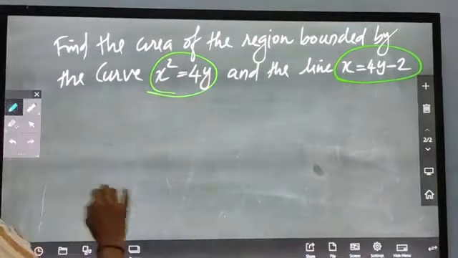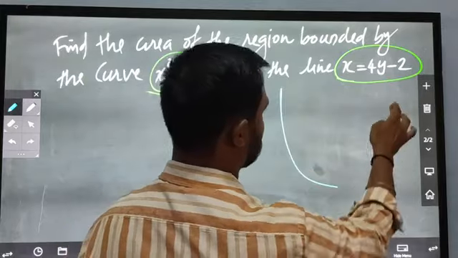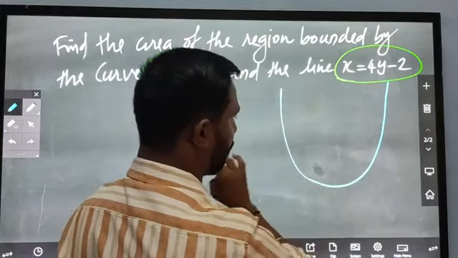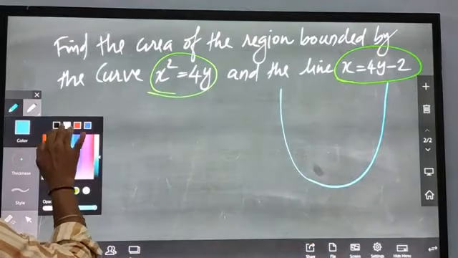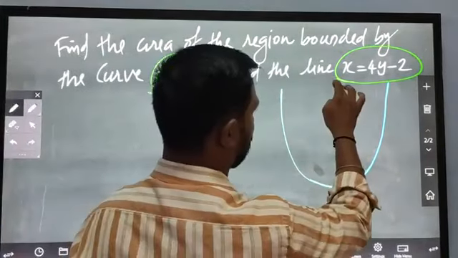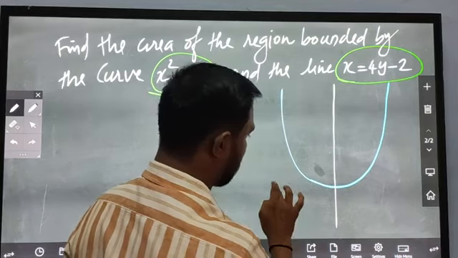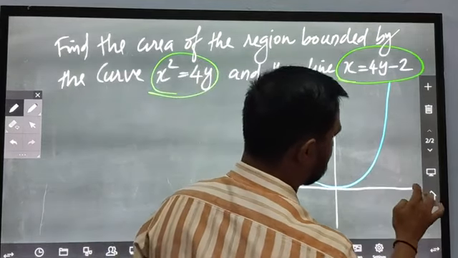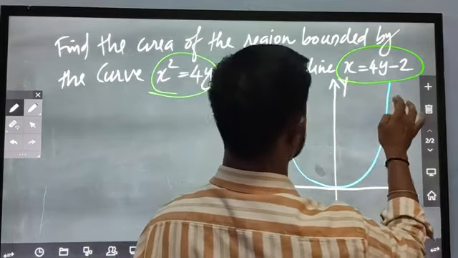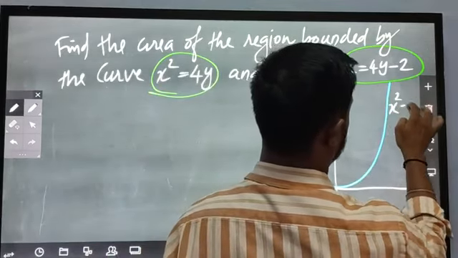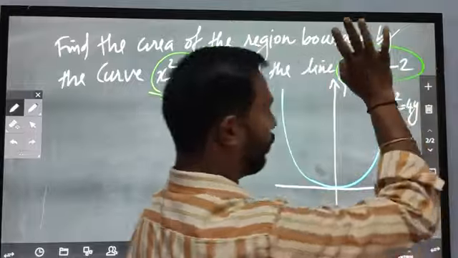Draw a figure of a parabola which is open upwards. See that its vertex is at the origin. So let us have the x-axis and y-axis.